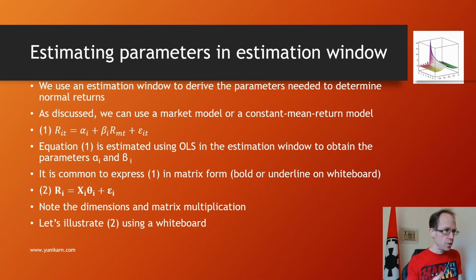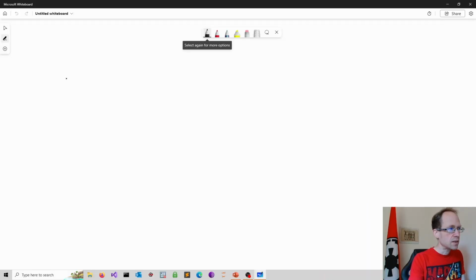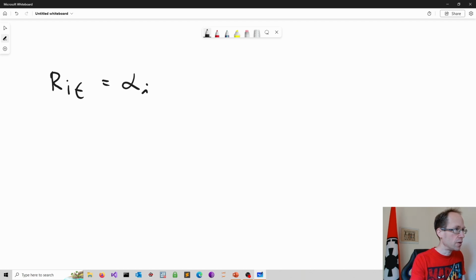It might be useful to look at equation 2 and illustrate the patterns on the whiteboard. Let's start by writing down the original equation for our market model. So return R_it is equal to a constant term plus the beta coefficient times your market return and then our error term.